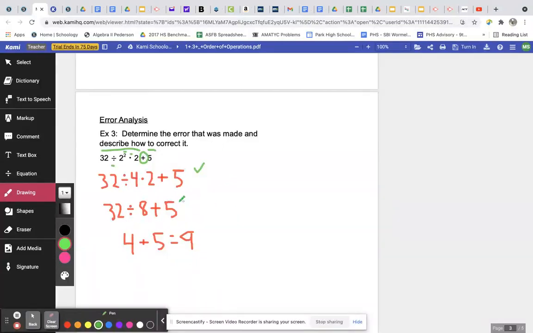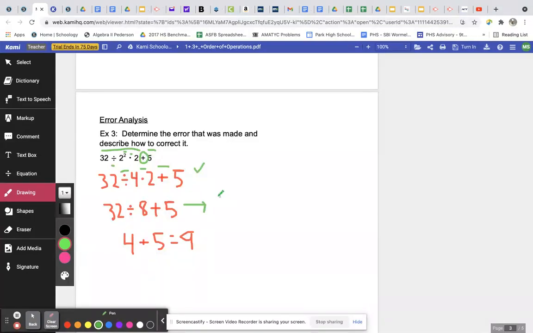However, in the next step right here, we have a division, a multiplication, and an addition. Now, be careful on this because we mentioned that the division and the multiplication is done in order from left to right. So we do the division first, and then we do the multiplication. So this, we multiplied before we divided. That is wrong.